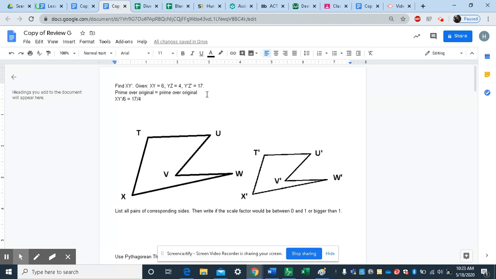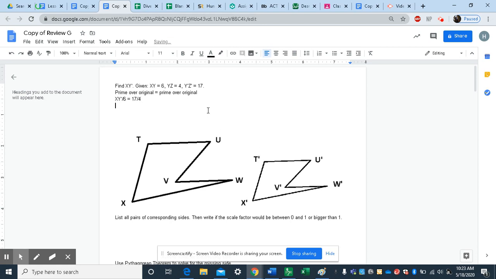If you're doing this on a piece of paper, you can cross multiply. So this would be 17 times 6 divided by 4, which would give us 25.5. So xy prime equals 25.5. Or you can find the decimal, 17 divided by 4 equals 4.25, and then multiply it by 6.